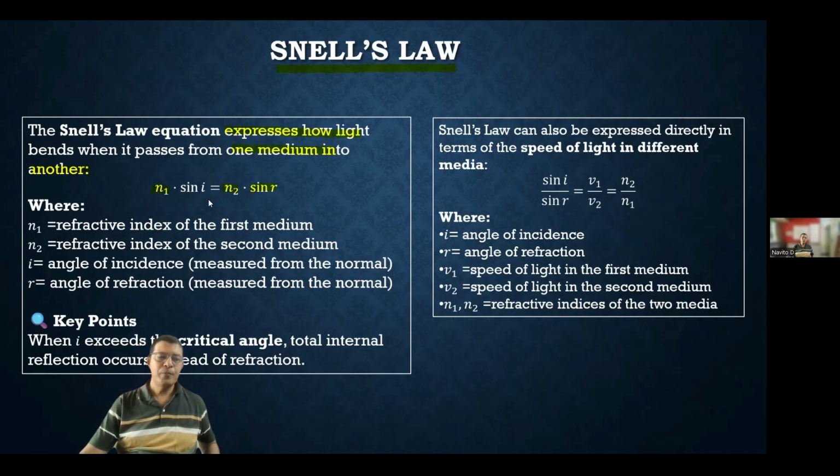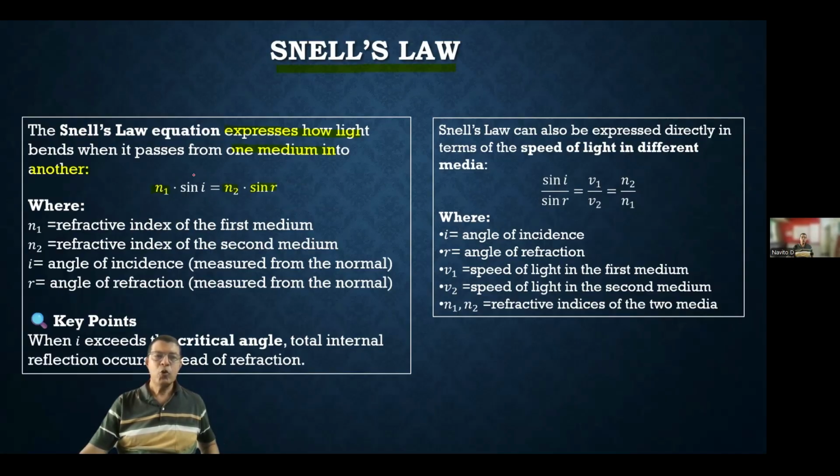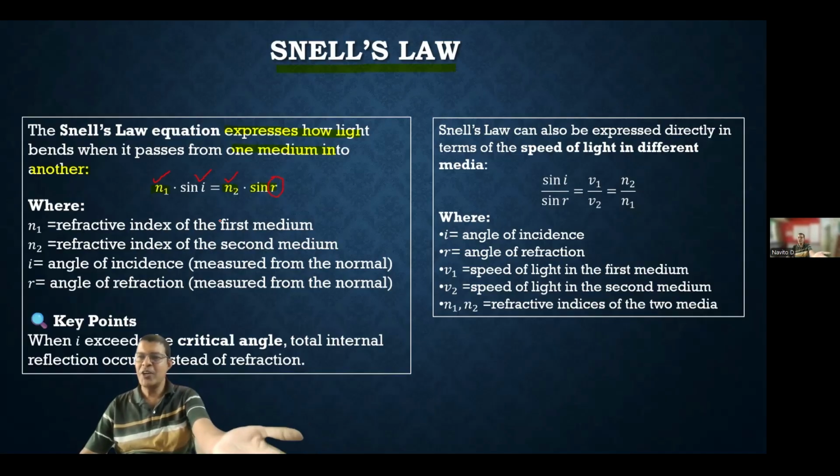So now if you know the angle of incidence and you know the refractive index of both the materials, then you can calculate the angle of refraction using Snell's law. Or in many other cases, if three are given, you can find the fourth.